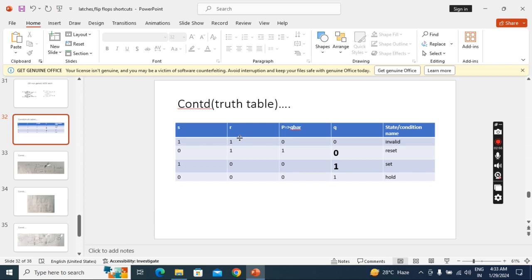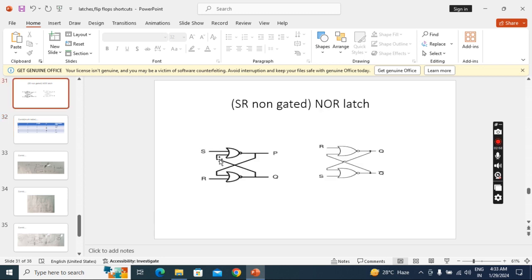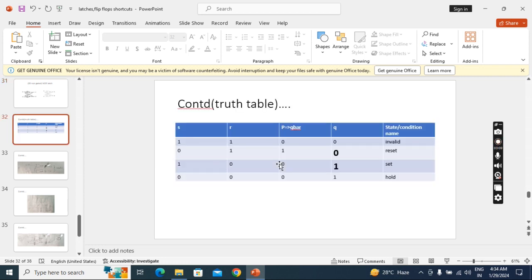Even with 1 1, even though there is no second input, we can predict the output based on the NOR gate definition, because in a NOR gate, if any one input is 1, the output is 0. Like that we can predict. And here you can see I took Q here, Q bar here. These are the state names.